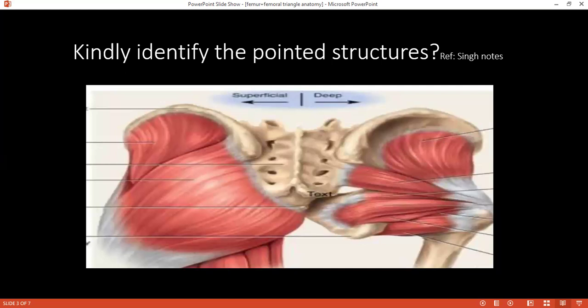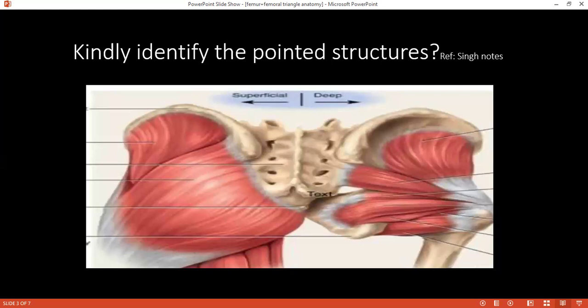Right, can you identify this hiatus or opening? This is the greater sciatic foramen of the right hip bone. What passes through it? Three structures pass through: piriformis, obturator internus, and nerve to obturator internus.